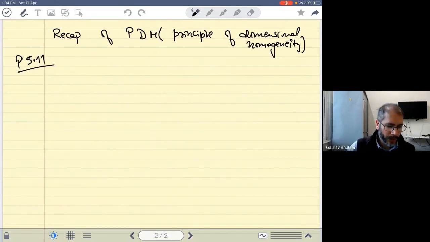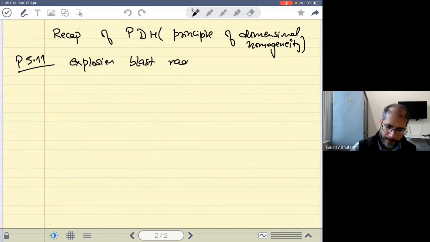The problem says there was a scientist who gave the relationship for the explosion blast radius. When an explosion happens, the wave travels, and with time the radius of the blast increases.